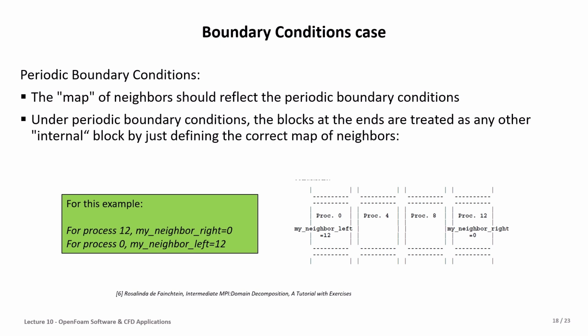For example, here you can see an example of the processor for the subdomain, for example, 12. To make a correct neighbor map, we can have processor 0 as a neighbor for processor 12. Therefore, it makes it a periodic boundary condition, and in fact, this means all subdomains are assumed as internal blocks in the domain of the problem.